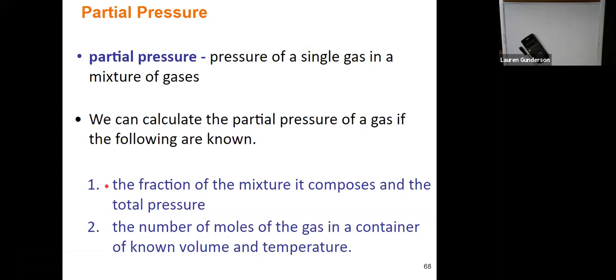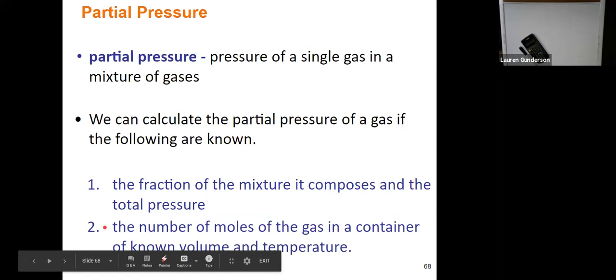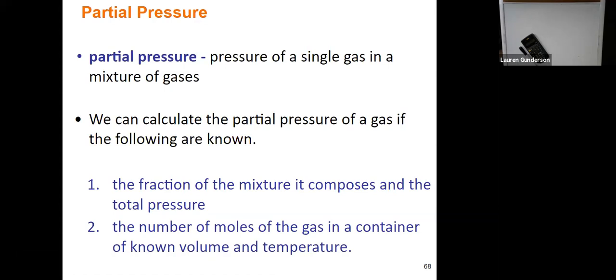If we know the volume and the temperature of the gas sample, and the number of moles of that particular gas present in the sample, we can also find the partial pressure of a gas in a gas mixture. Again, the partial pressure is the pressure that one particular gas, out of all of the gases mixed together, is going to exert on its own within that greater gas sample.